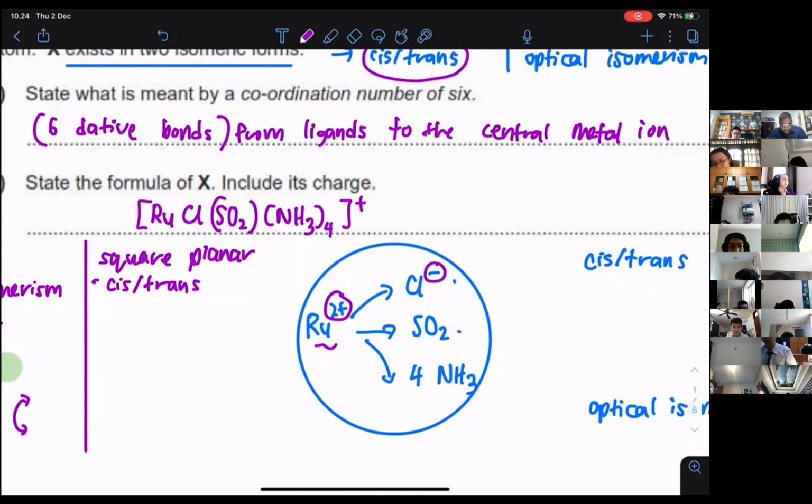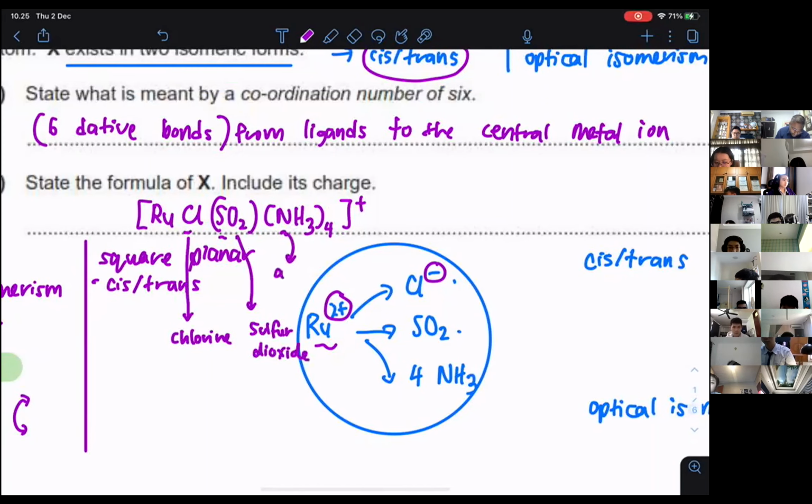You need to follow alphabetical order, but not in terms of just looking at C, S, N. No, we don't do that. We do the alphabetical order arrangement by name. This one Cl is chlorine, or chloride. This one is sulfur dioxide. And this one is ammonia.